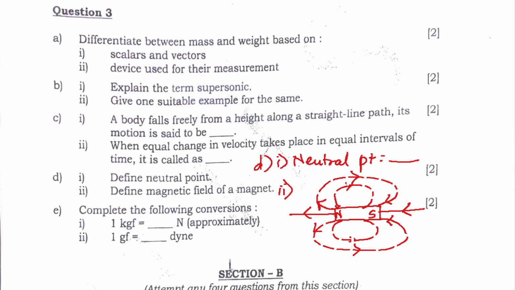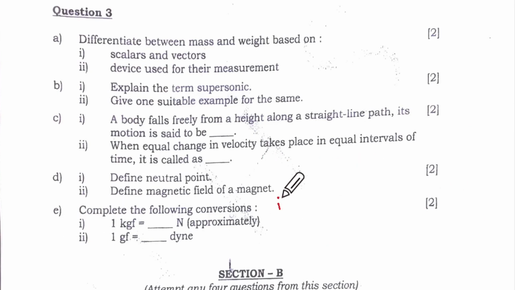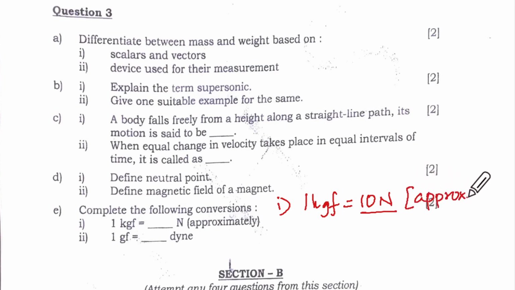Oh, I forgot something. Okay, we come to E. Complete the following conversions. What is the first one? 1 kgf is how much? Approximately means what you'll write? Approximately 10 Newton.